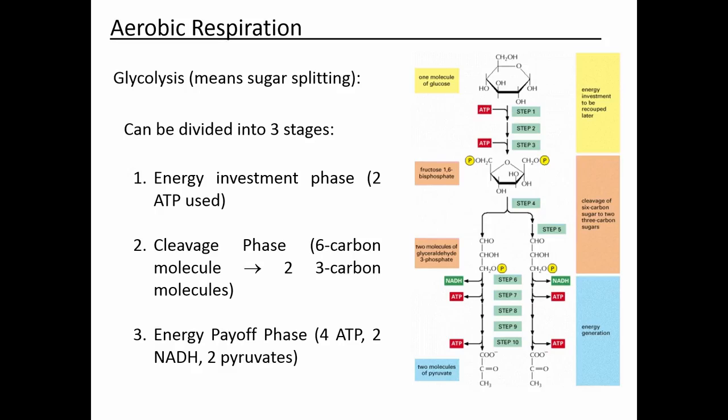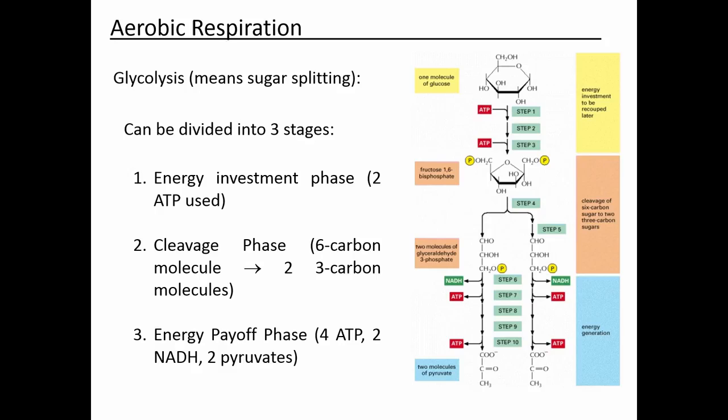So we're going to divide it into the first stage, called the energy investment phase, the second stage, called the cleavage phase, and the third stage, called the energy payoff phase.